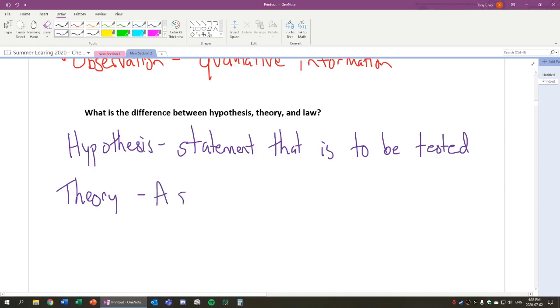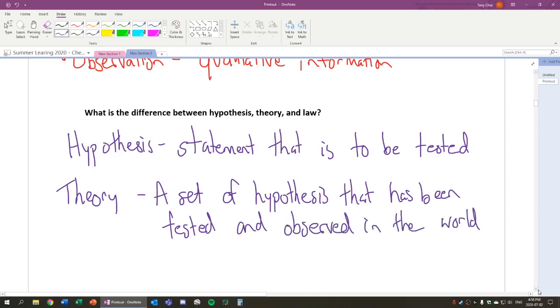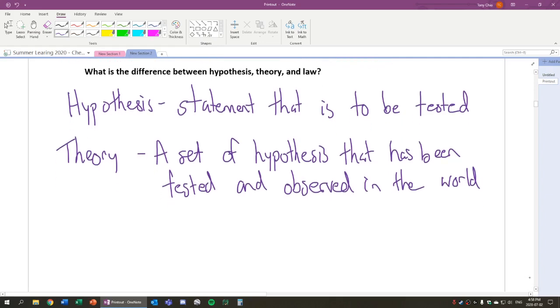It's a set of hypotheses that has been tested and observed in the world. So it has to have been tested and observed for a theory to be happening. That's why it could be considered true in a sense.